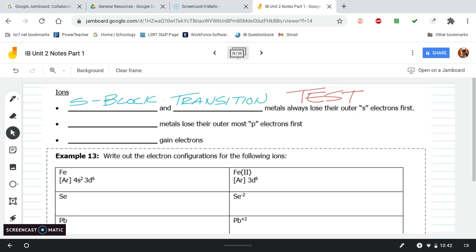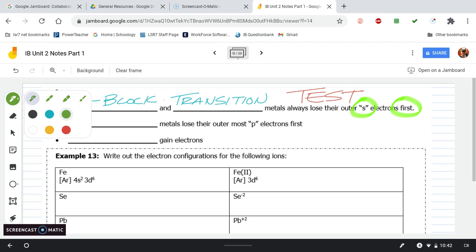So a lot of this is pretty straightforward. S block and transition metals always lose their S electrons first. So that is going to be important because it means that when you take electrons away, they have to come from the S block before they come from any other area.